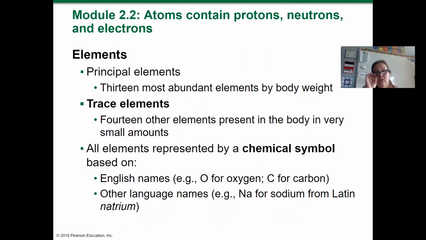Trace elements. So trace elements become important when we start talking about some of the systems. There is a really nice table on page 53 that has some information about the 4 most abundant elements, carbon, hydrogen, oxygen, and nitrogen, and then the trace elements as well.